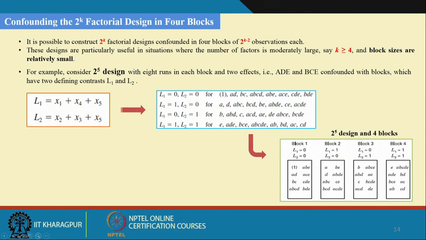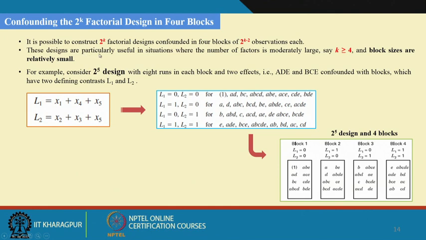So, in this lecture, first I will show you how the 4 blocks case will be constructed. Let me read out. It is possible to construct 2 to the power k factorial designs confounded in 4 blocks of 2 to the power k minus 2 observations each.